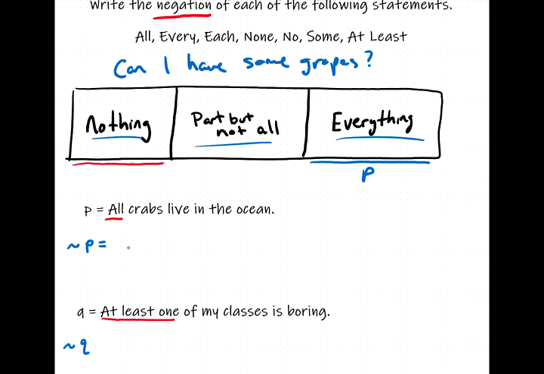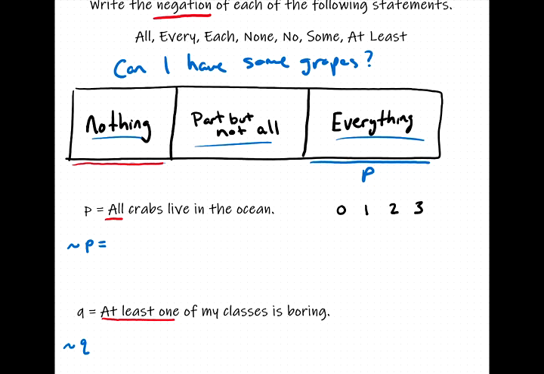Now, one way that I like to think about this idea of negating these quantified statements is to look at a small group of objects. Let's say there are only 3 crabs that live in the world. Only 3 crabs. So 0, 1, 2, or 3.